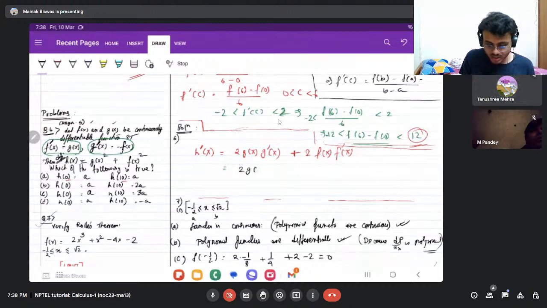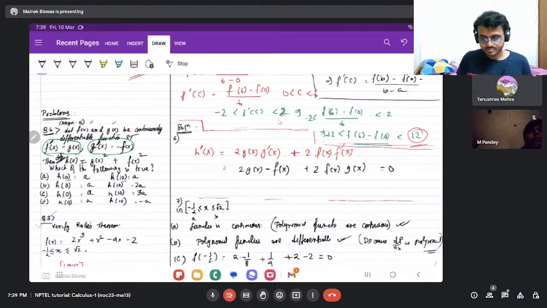2 into g x into f dash x, right? Or no, minus g x. Minus f. This is minus f x. Yes. Plus 2 into f x into g of x. So this is 0, right? Yes, sir.